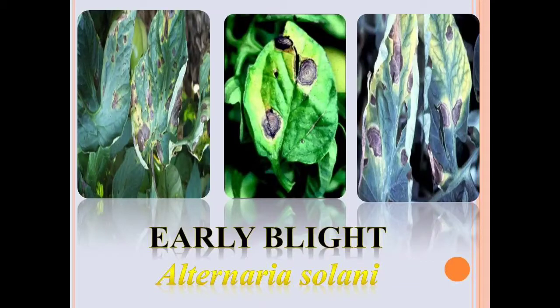On fruits and on twigs, it shows dark brown sunken spots, and sometimes shedding of immature fruits also occurs in case of severe infection. That means all the fruits are prematurely shed from the standing crop after severe infection by this Alternaria pathogen.